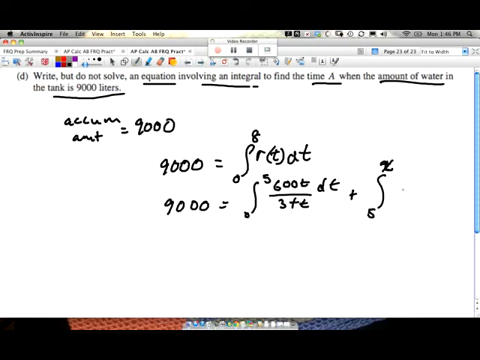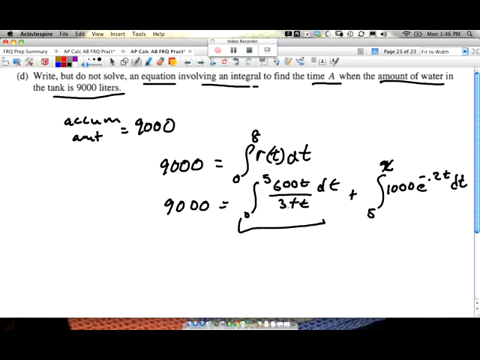Or we can even call this x. What was this one? 1,000 e to the negative 0.2 t dt. So this plus this is going to equal 9,000.